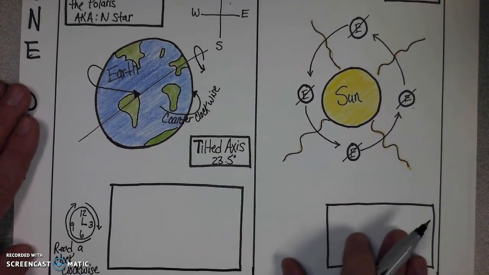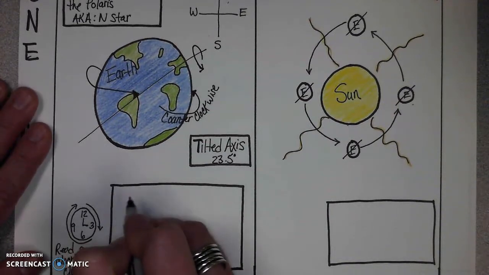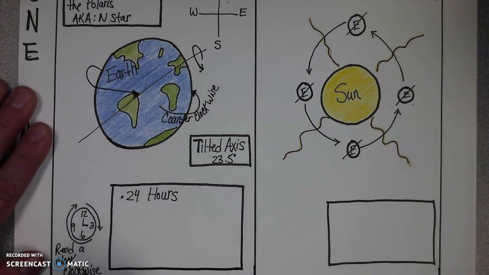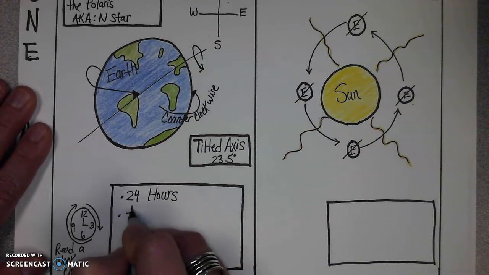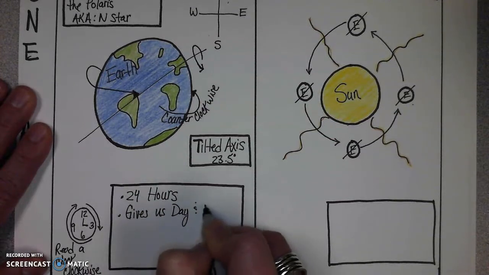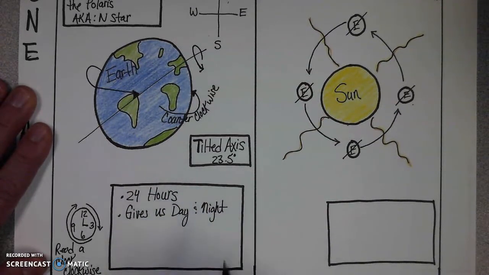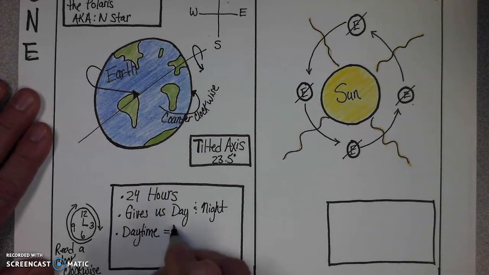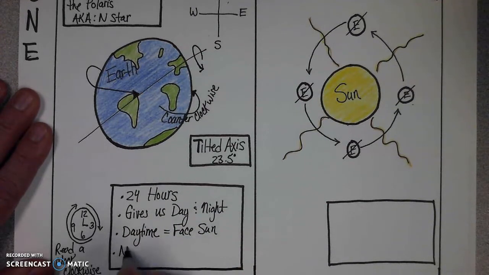So with this rotation, we have 24 hours, which gives us day and night. Common sense would tell us that in the daytime, we face the sun, and at nighttime, we are away from the sun.